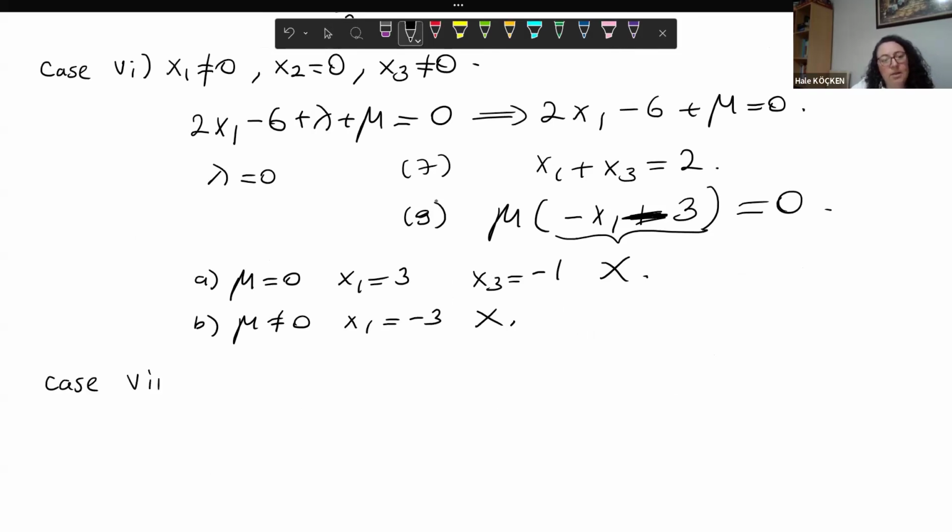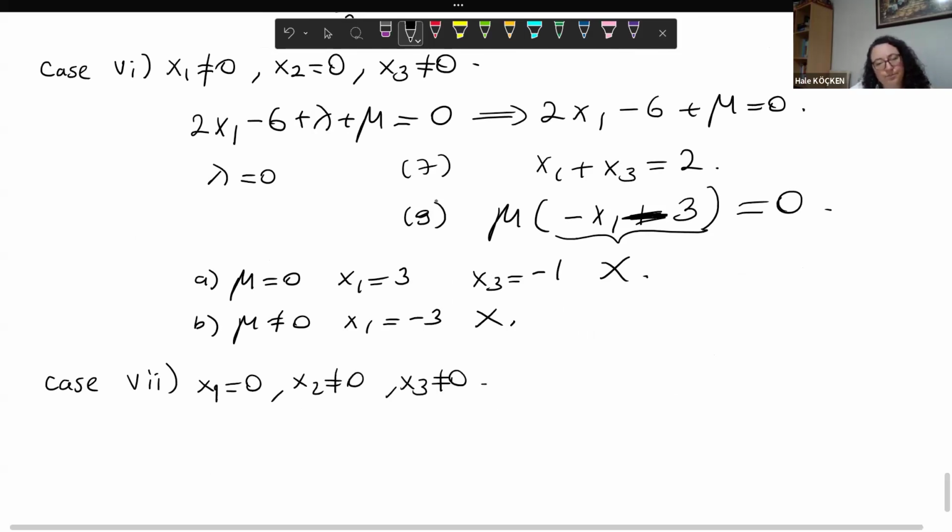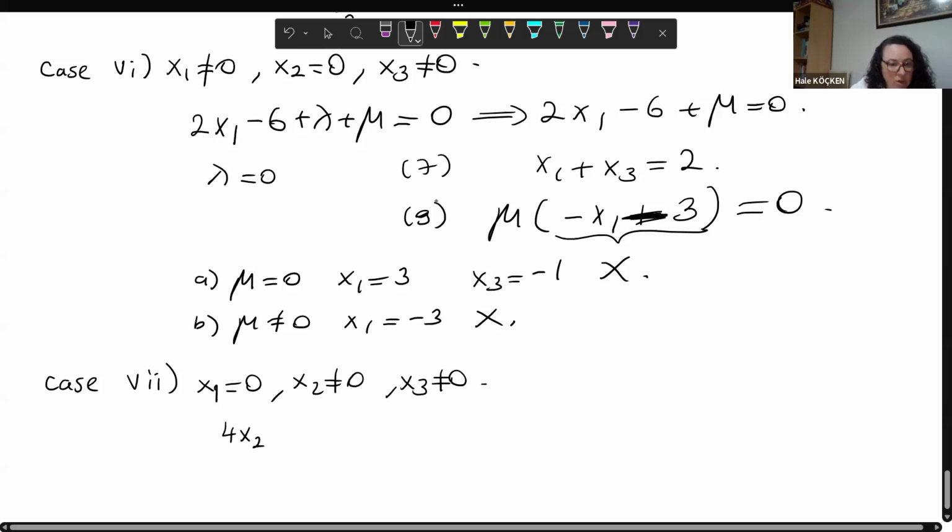Case 8. x1 is 0, but x2 is different from 0, and x3 is different from 0. If x2 is different from 0, then I'm writing that 4x2 minus 14 plus lambda plus 2 mu has to be 0.